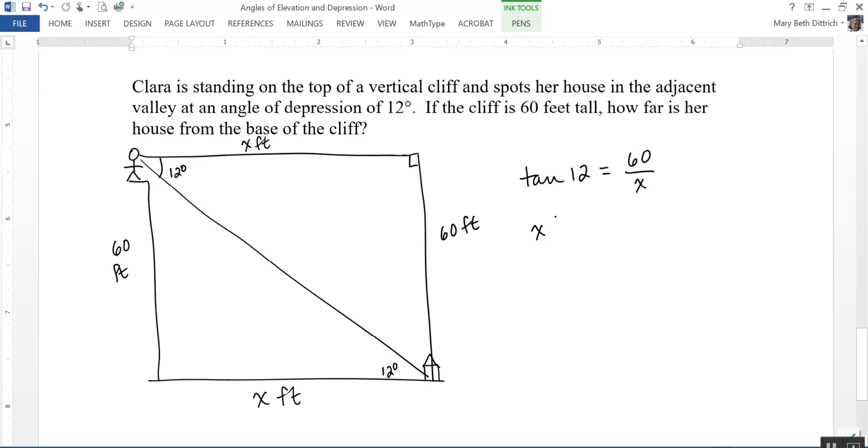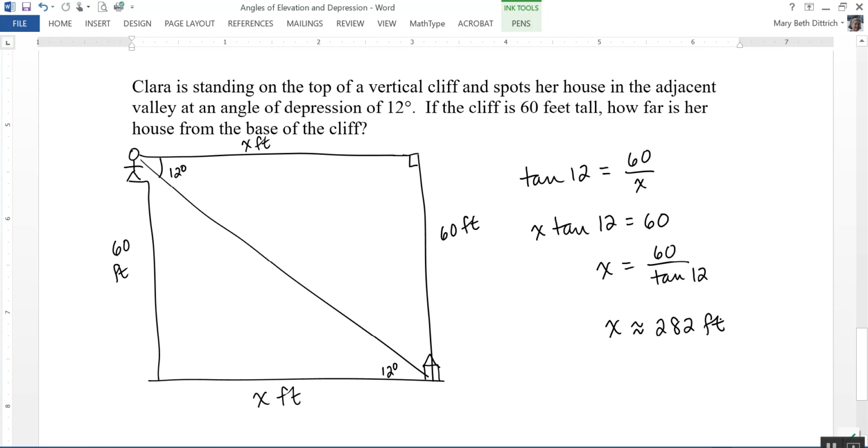I need to multiply both sides by x and divide both sides by the tangent of 12. And then I grab my calculator and I do 60 divided by the tangent of 12, which gives me approximately 282 feet. So her house is approximately 282 feet from the base of the cliff.